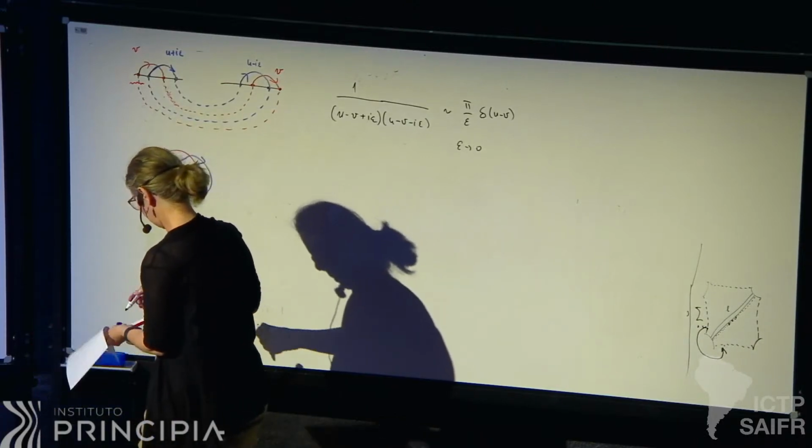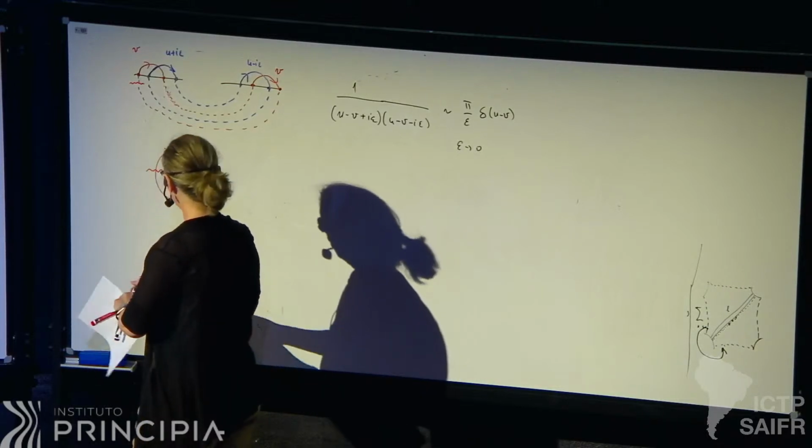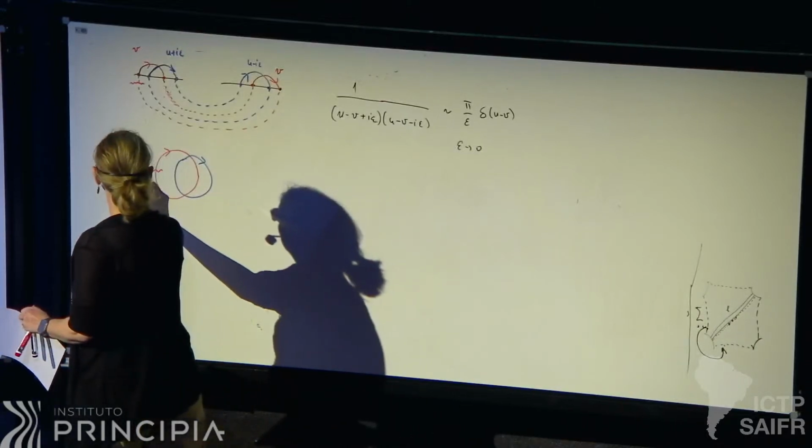So this object will come with 1 over epsilon.